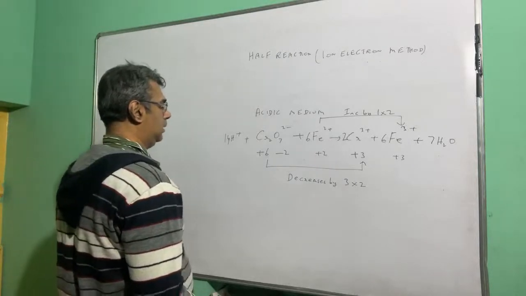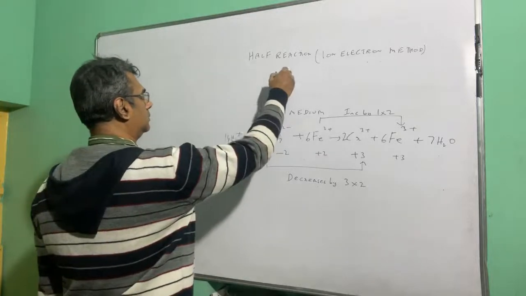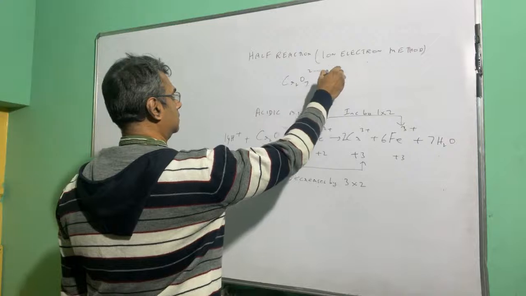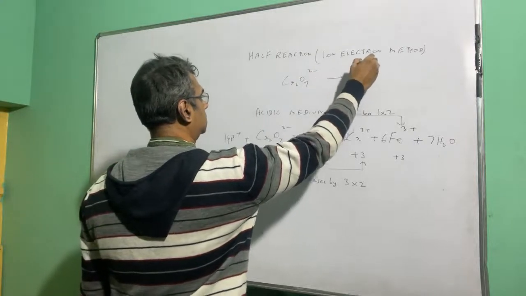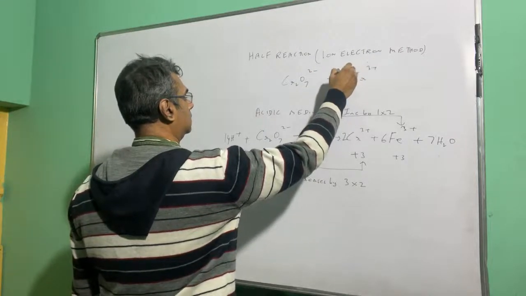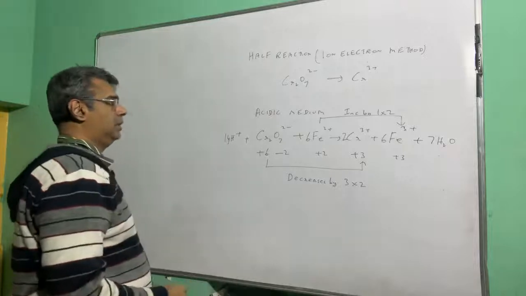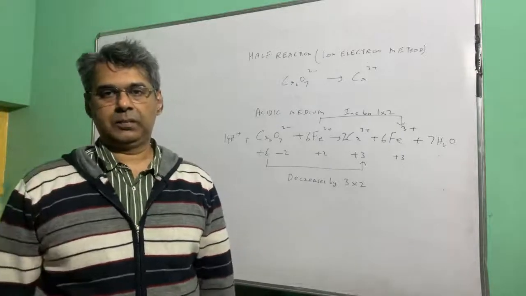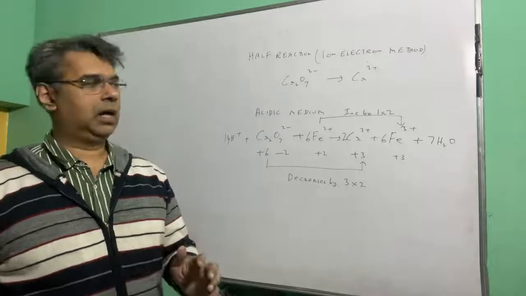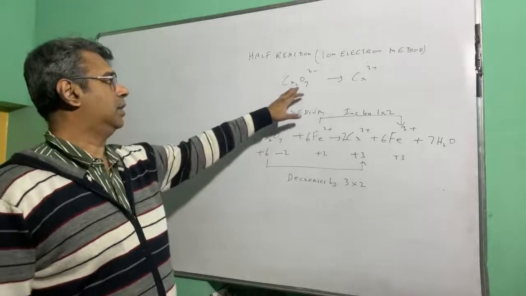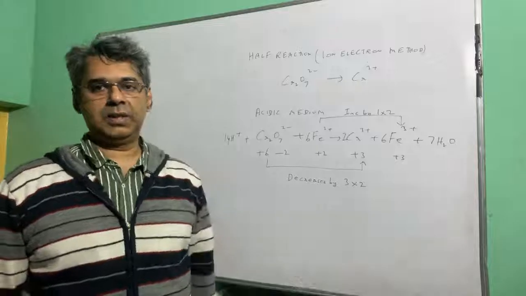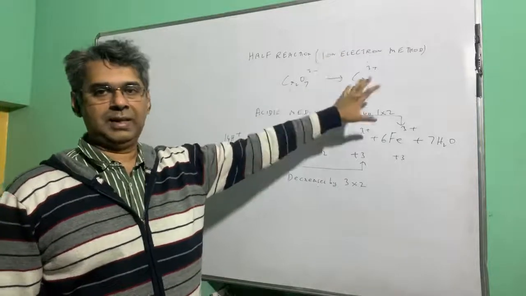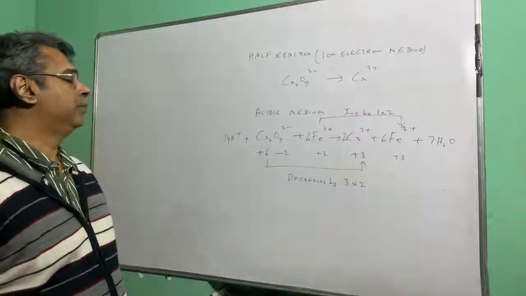So in this method, first you write the half reactions. Don't write the full reactions, write the half reactions. Like Cr2O7 2- is changing to Cr3 plus. So that means chromium is getting reduced. So only write this, don't write the full reaction.